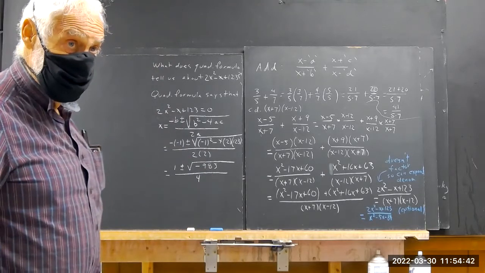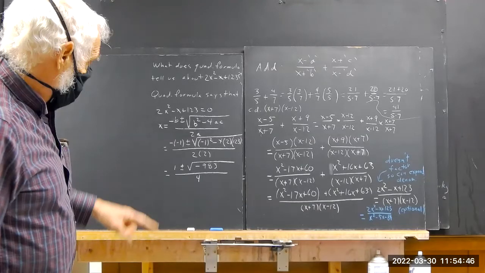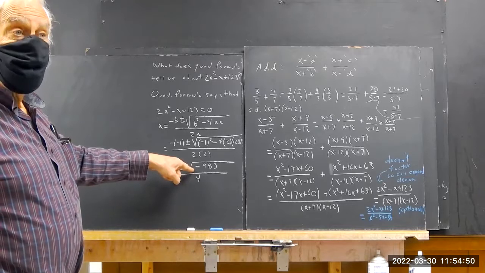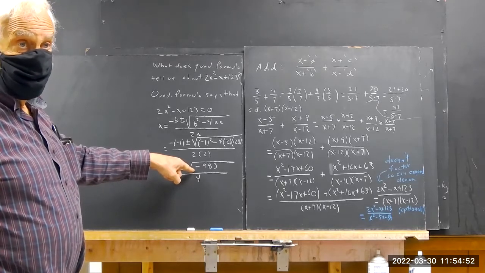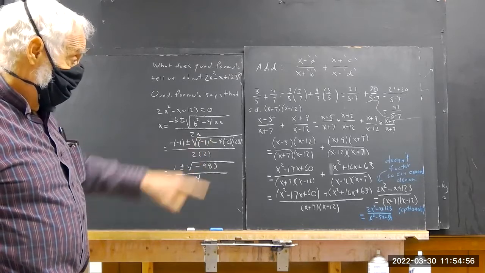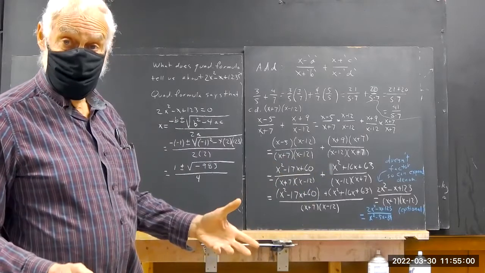Okay. At this point, the square root of a negative is not a real number. It's an imaginary number. Okay. Since you have a negative here, you're not going to get any real zeros.